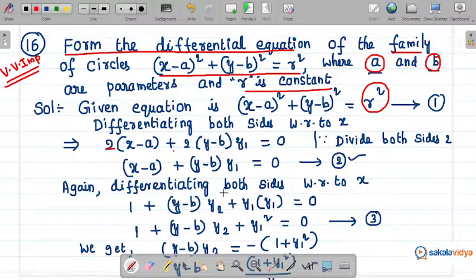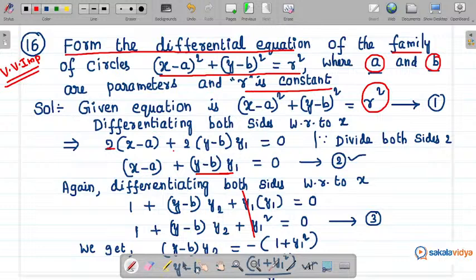Say equation 2. As it contains two arbitrary constants, again we need to differentiate with respect to x. Differentiating both sides with respect to x: the derivative of (x minus a) is 1, plus, using the UV method, (y minus b) into the derivative of y1, which is y2, plus y1 into the derivative of (y minus b), which is y1, equal to 0. So 1 plus (y minus b) y2 plus y1 square is equal to 0.